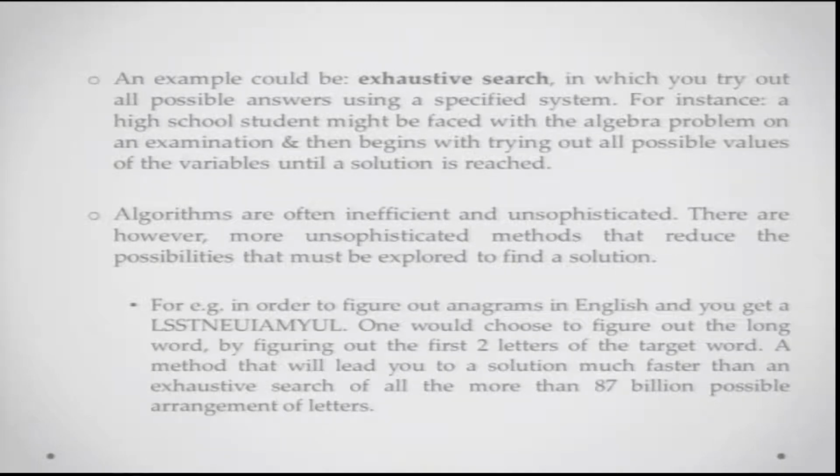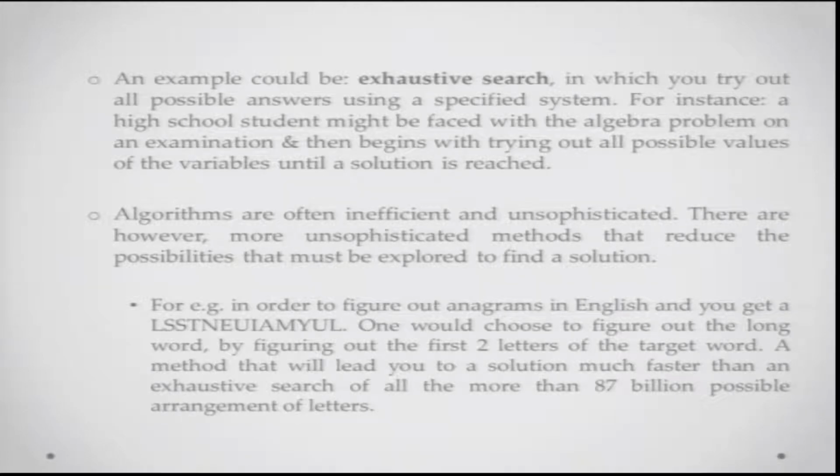Even though this method will certainly give you the solution of the equation in a guaranteed fashion, it is going to take a lot of time and effort, so it is not a very efficient way to solve that problem.